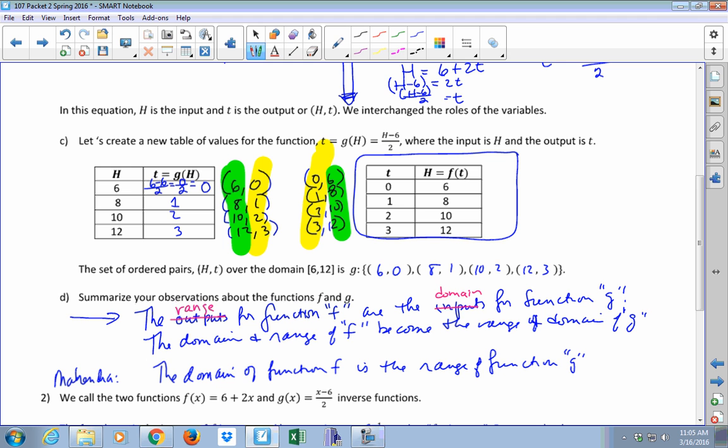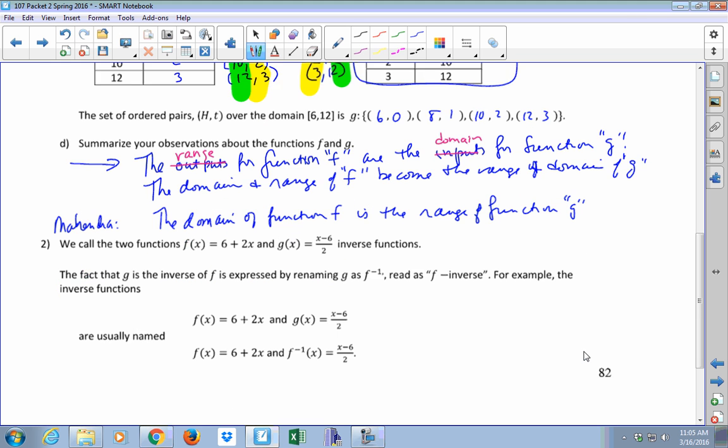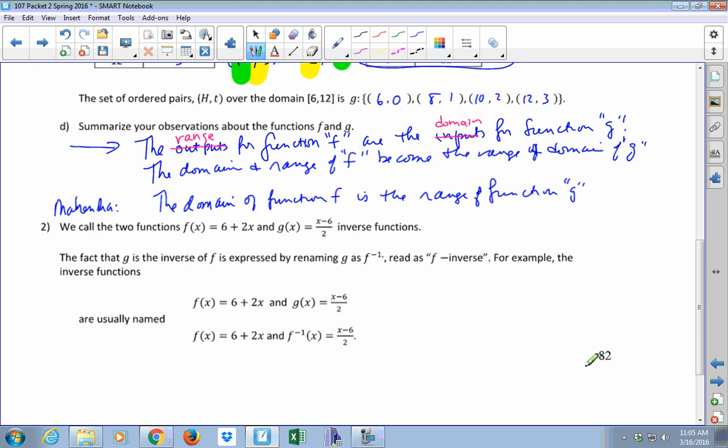So the domain and range swap places, and you see that with the ordered pairs, okay? But in general, domain and range swap places. That only happens, if we now go to this notation, that only happens with inverse functions. It's the only time this will happen.